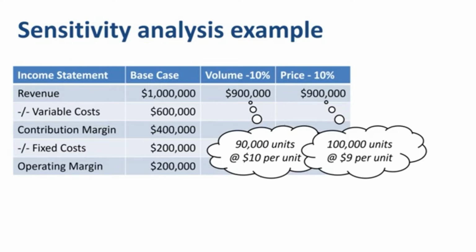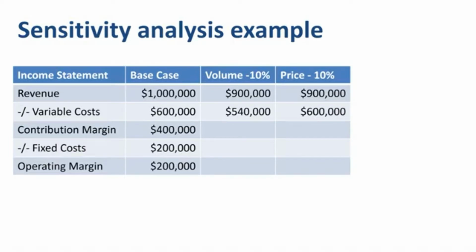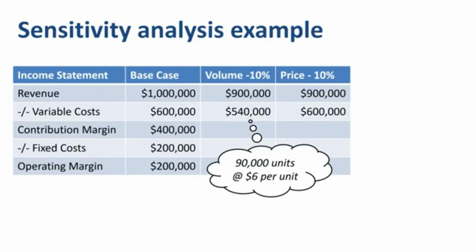That question is answered in the next line of the projected income statement. Variable costs in the case of a 10% drop in volume are $540,000. 90,000 units that cost $6 per unit to make. In other words, 90,000 units in revenue and 90,000 units in variable costs.